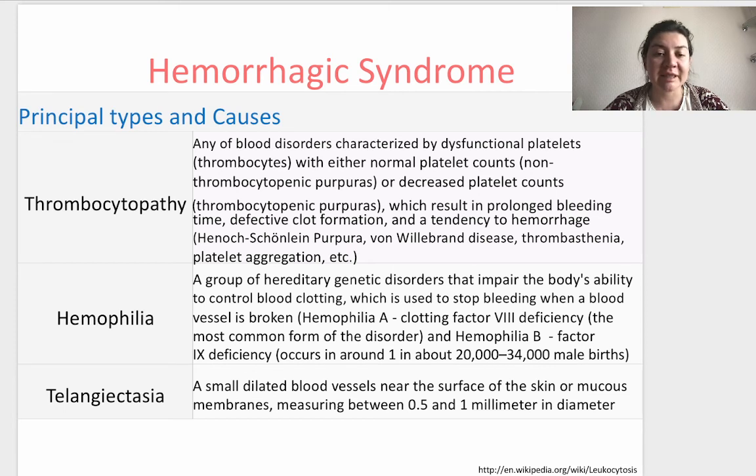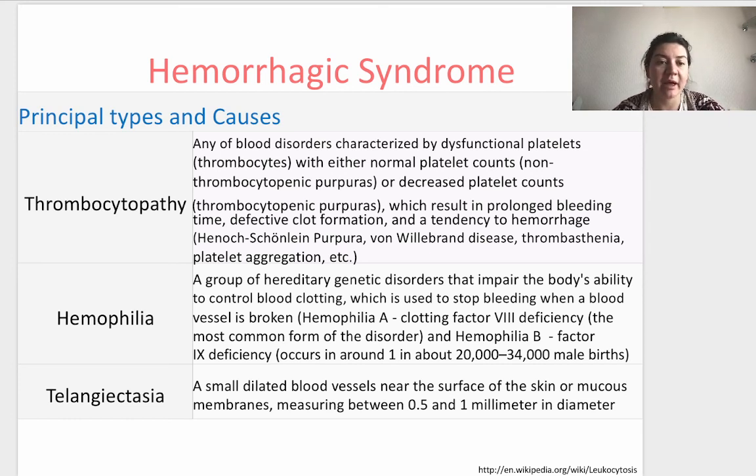The most common types are hemophilia A, clotting factor 8 deficiency, the most common form of the disorder, and hemophilia B, factor 9 deficiency, which occurs in about 1 in 25,000 to 30,000 male births. It is genetic and typical for male patients. There are several types, many of them A and B.